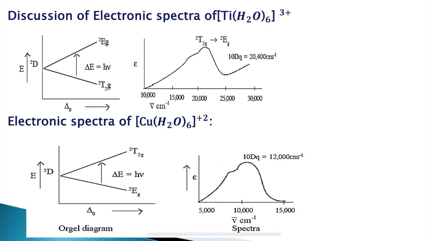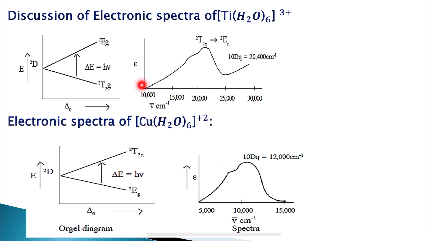As I said, this transition metal complex has only one energy term, that is 2D. 2D is the only one energy term. So, when titanium is surrounded octahedrally by 6 water molecules, this electron enters the 2T2g level. Okay. So, now imagine the structure of the complex.